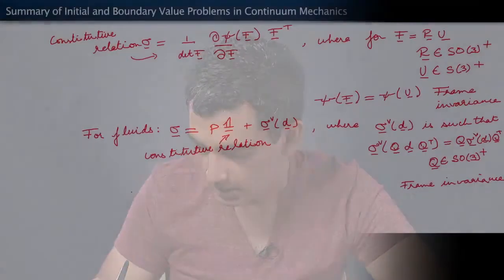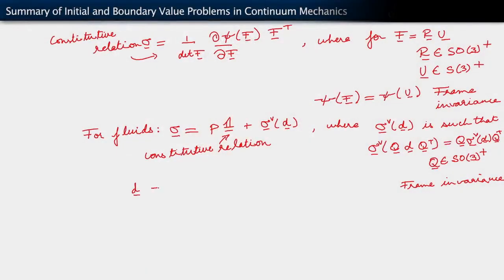Well, I guess this is not entirely complete because I didn't say how we get D from the velocity, where we know that D is the symmetric part of the spatial gradient of the velocity field. Okay, that completes things. So much for constitutive relations. Let us talk now of boundary conditions.